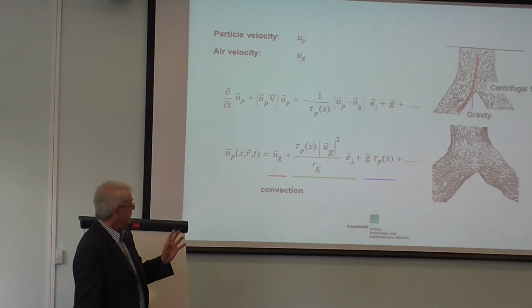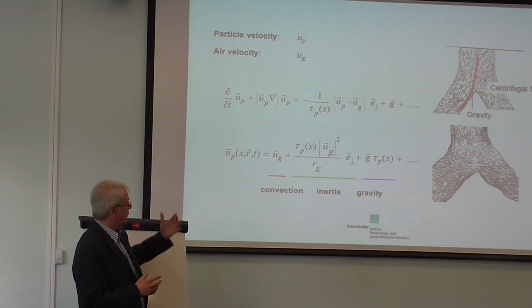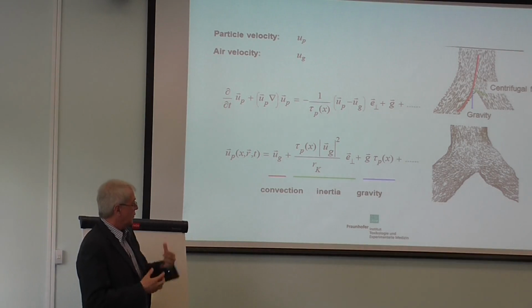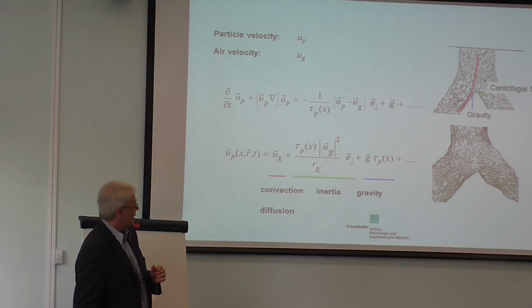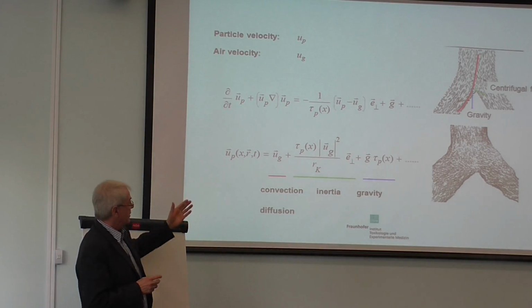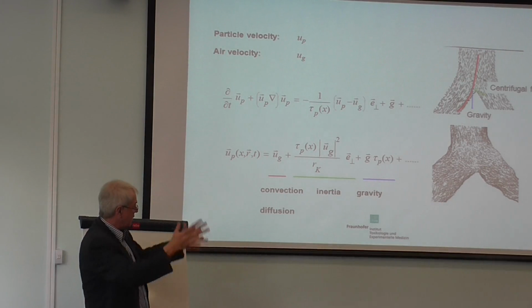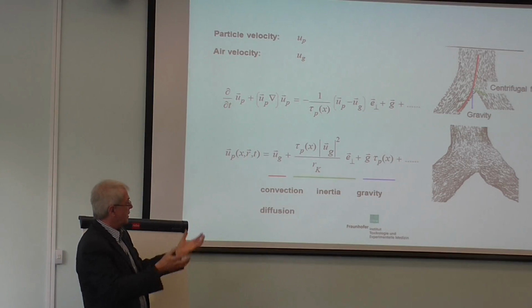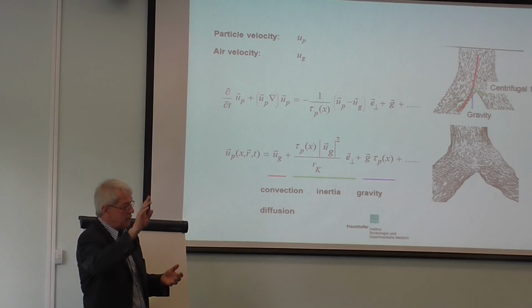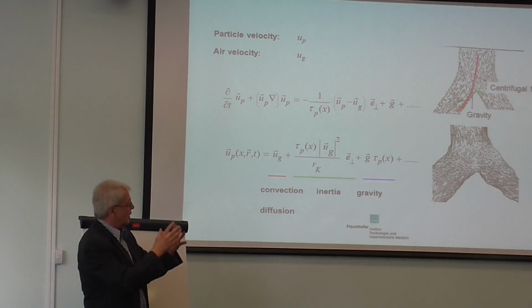Okay, so at least what determines the deposition of particles or the transport of particles in the airways are mainly four mechanisms. First, convection, so you have to transport the particles with the flow. Then the particles may have some inertia that cause them to not follow the streamlines.